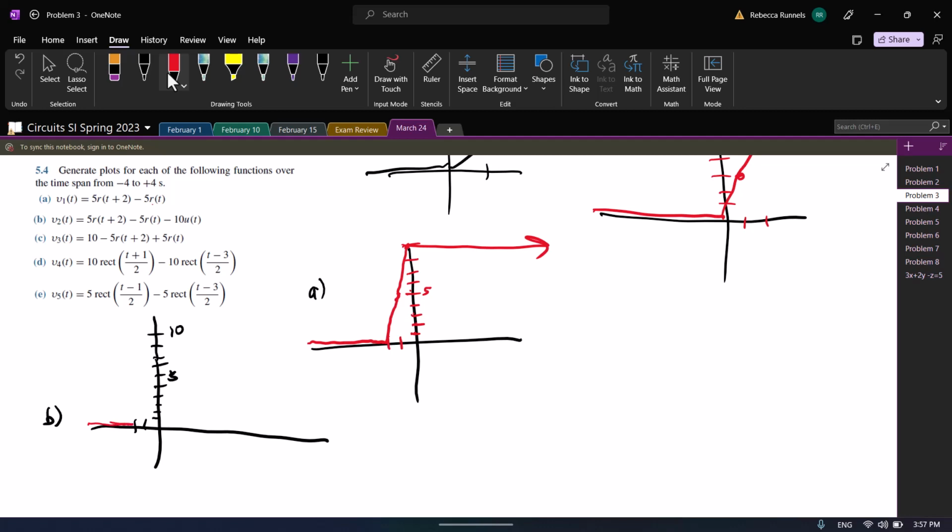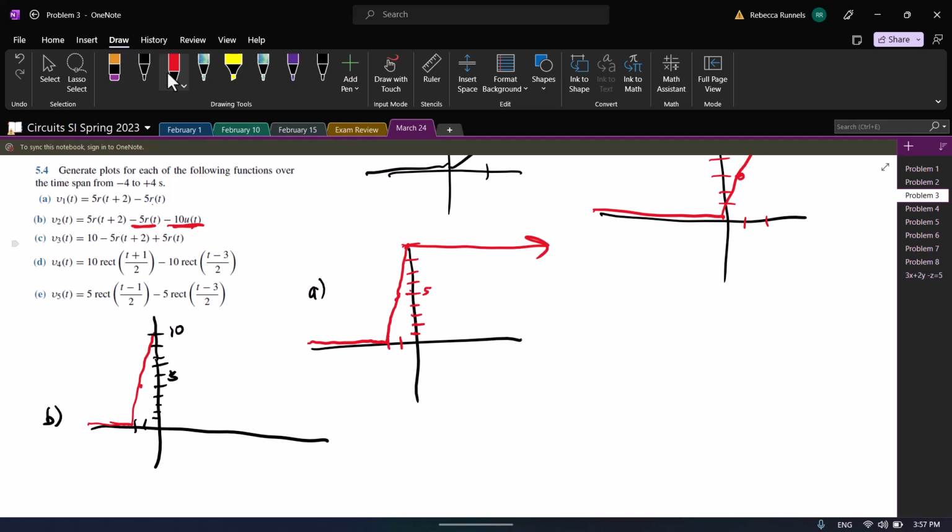And then I have a ramp function with a slope of 5. So over 1, up 5, over 1, up 5, until my next thing happens. And my next thing happens at 0. But notice I have two things that happen at 0. One of them is I subtract 5 from my slope. So when I subtract 5 from my slope, that gives me my horizontal slope, my 0 slope.